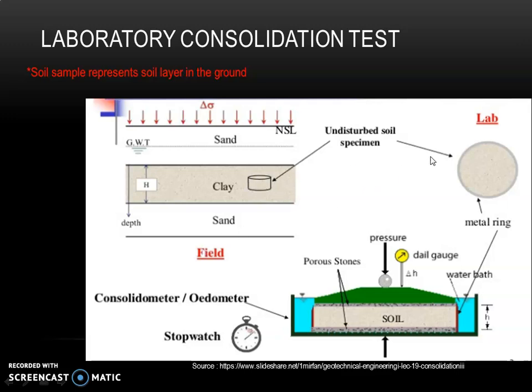The same soil sample is considered in lab for determining compressibility characteristics. The soil sample will be placed in the metal ring, and the whole setup is used in consolidometer or oedometer test setup in order to determine the settlement of the soil.